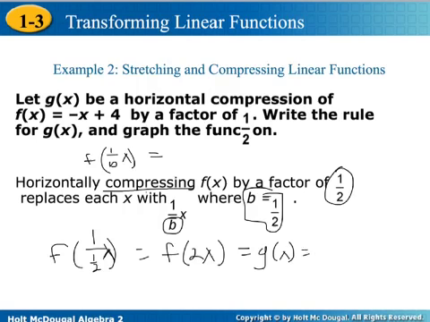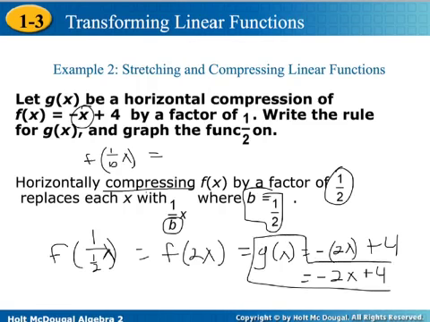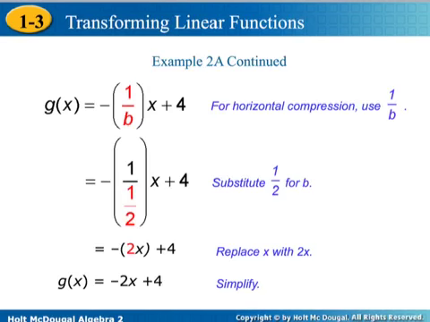So then we would say, instead of the x that's here, we've got negative 2x plus 4. So we've really got negative 2x plus 4 is our new function. And we see that we were right, 1 over b, because b is that compression factor.